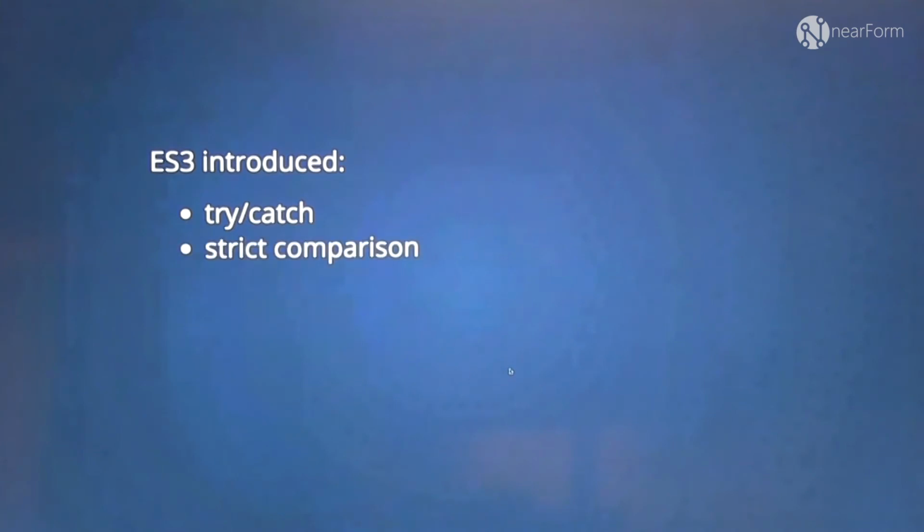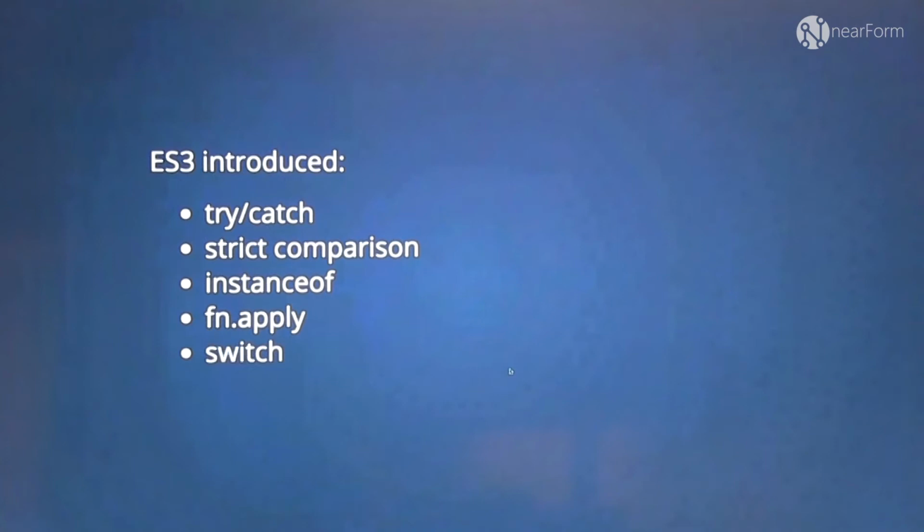We also had strict comparison. The instanceof operator was introduced, as well as function.apply, the switch statement, and function expressions. This is important because after these transitions, we will talk about how one would have to write functions without the ability to write function expressions.